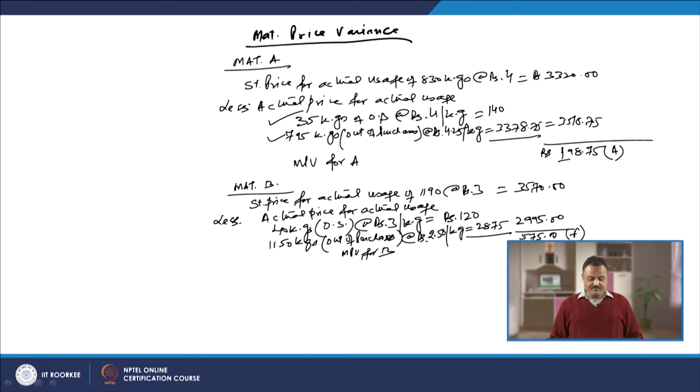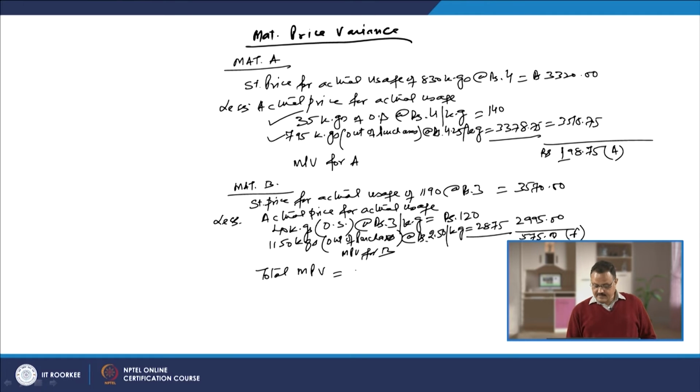Then we looked at the product B, and when we calculated the MPV, we found out that this variance is favorable and by a huge amount of 575 rupees. So, if you calculate now the final variance, you will come to know that it will become something favorable, and now you try to find out total material price variance. Total material price variance will be how much?